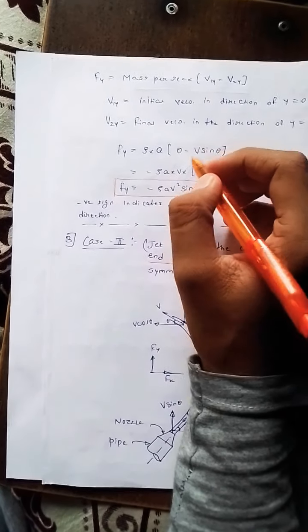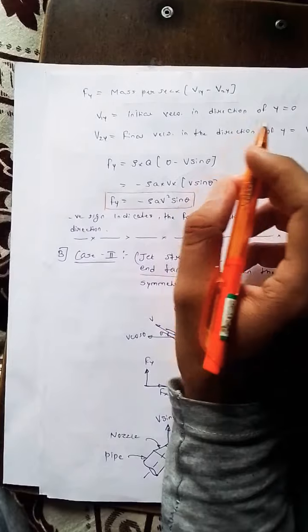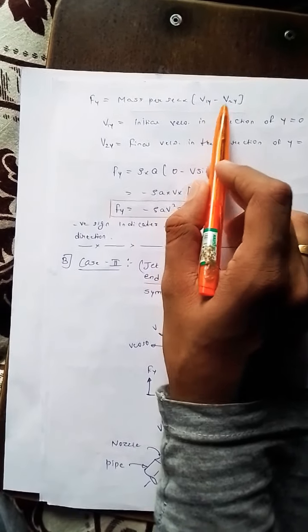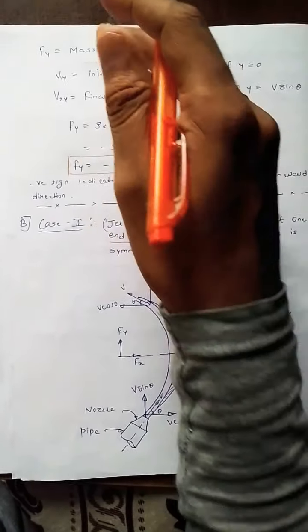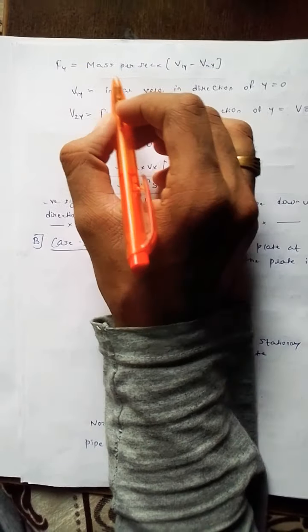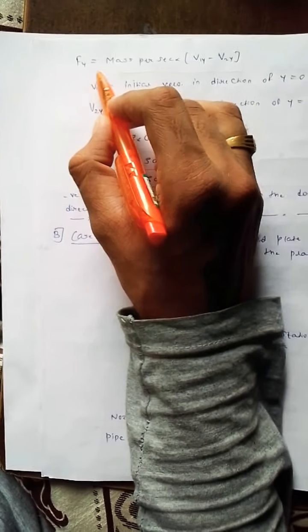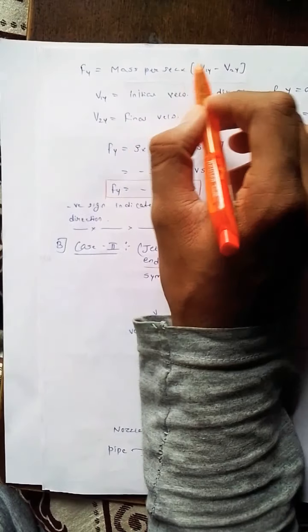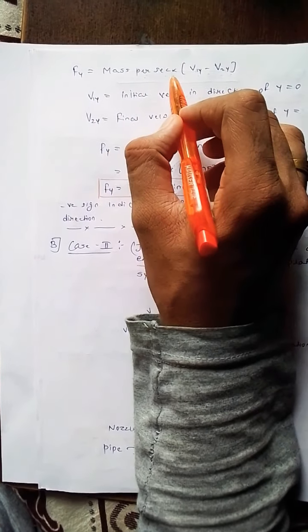And after that we will be taking mass as a common factor from inside the bracket, so it will be mass per second into bracket initial velocity minus final velocity. So the steps remain the same. I am just avoiding writing again and again. If you want to write, you can write; if you want to skip, you can skip. So Fy equals mass per second into bracket v1y minus v2y.